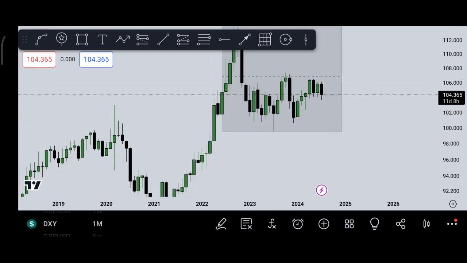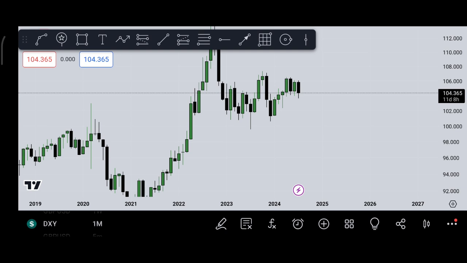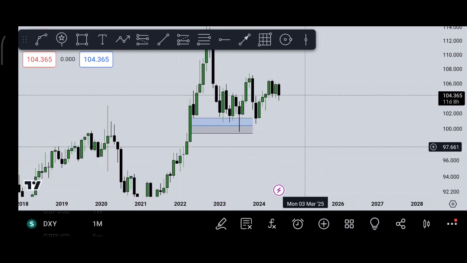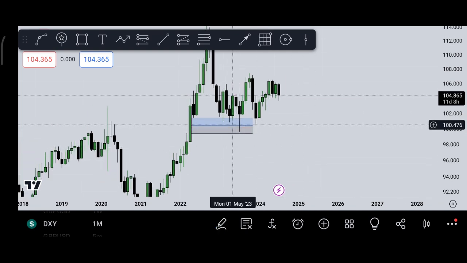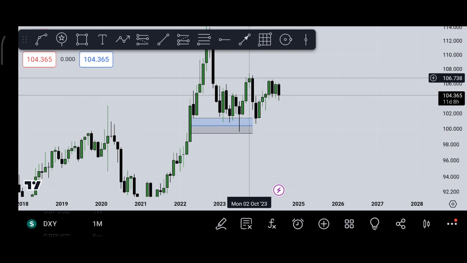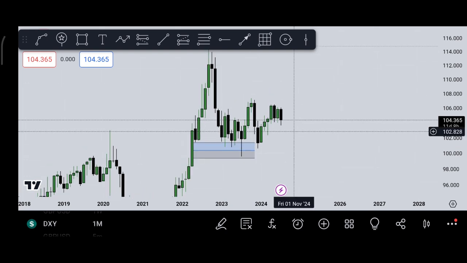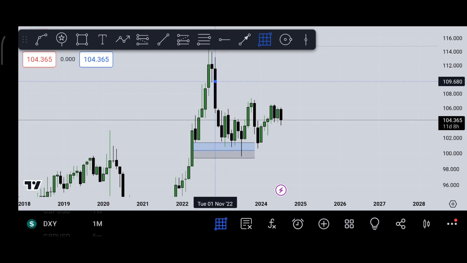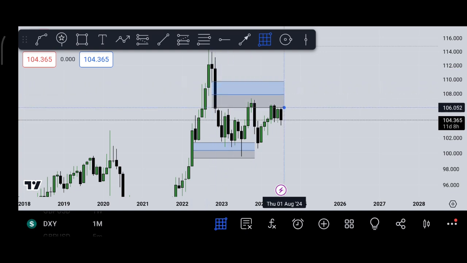It tapped on this inefficiency and we saw rejection upward, going up here. It came here and tapped on this inefficiency as well.